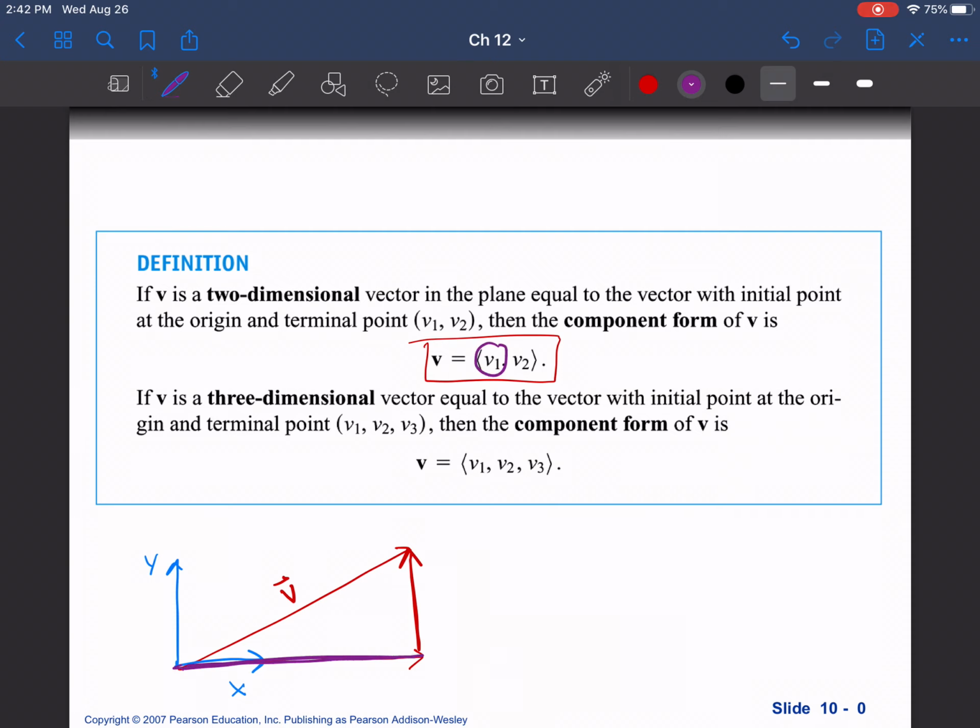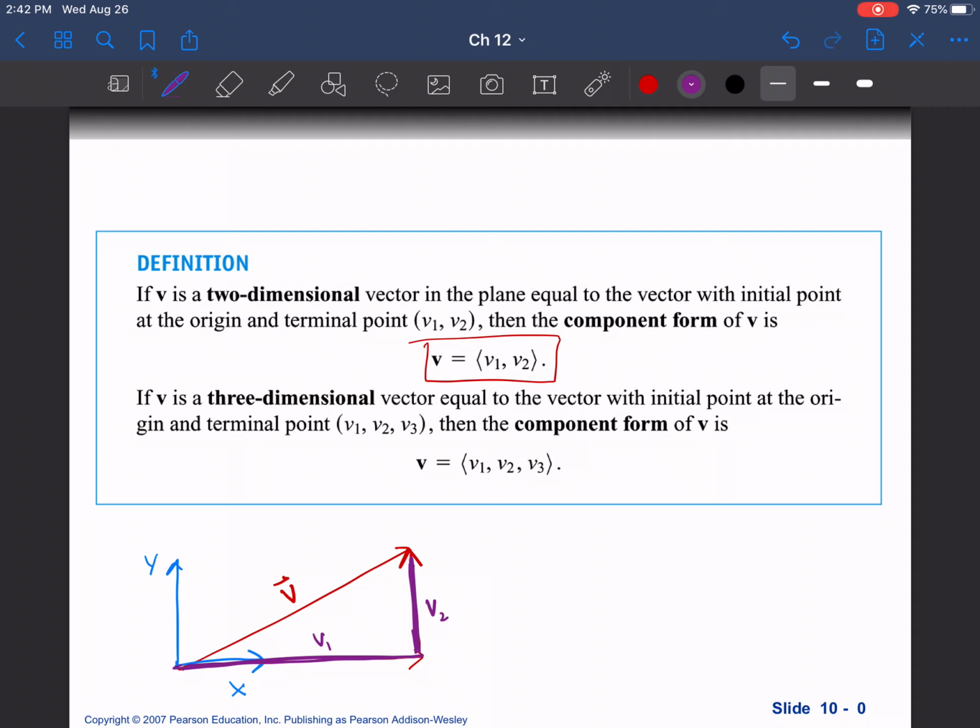That would be v1. Notice I did not put a vector sign above it because the component is not a vector. And then v2 would be this part up here. Again, no vector symbol above it because the component itself is not a vector.